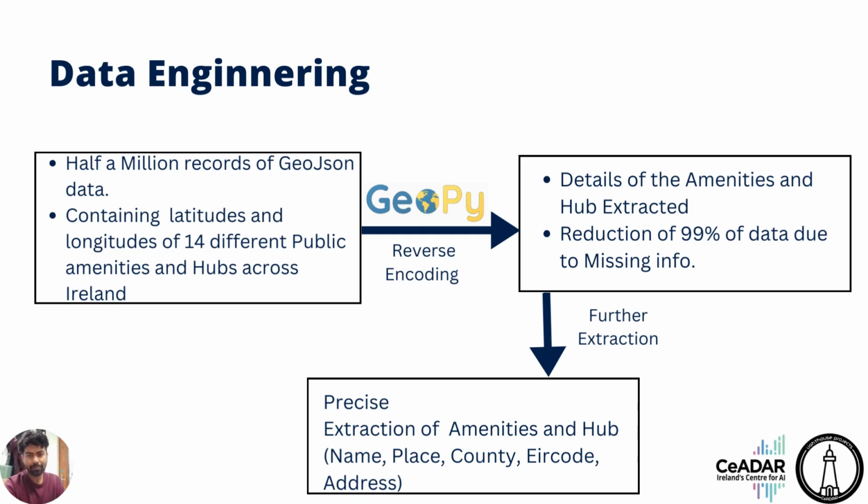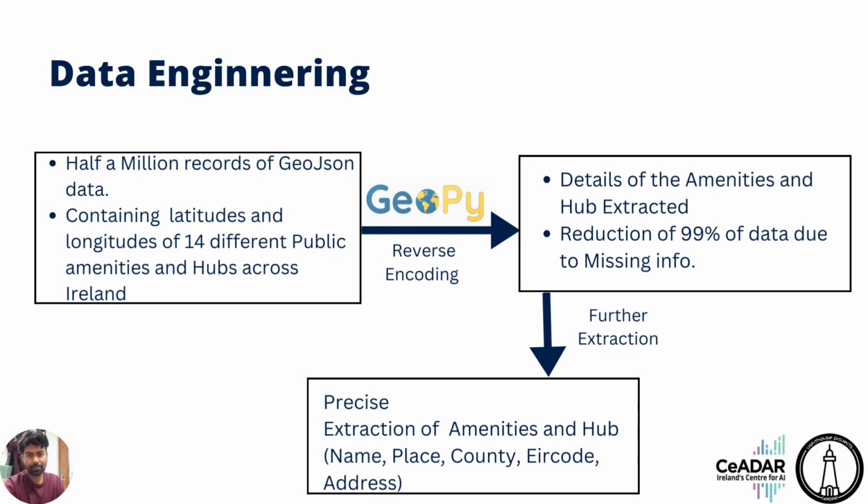Data engineering is an important phase of an ML pipeline where data undergoes several stages of cleaning and feature enhancement. Likewise, here we have GeoJSON raw data which contains half a million records of latitudes and longitudes of remote working hubs across Ireland and all the different amenities across each and every hub, such as banks, ATMs, restaurants, bars, cafes, bicycle parking, supermarkets, shopping centers and rental shops.